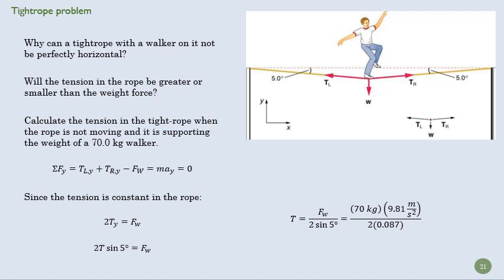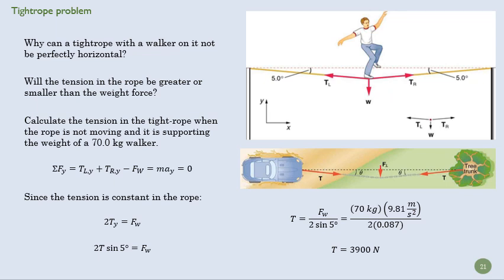And then I can do some math here. 70 kilograms, and this is the sine of 5, which is very small. And that means that my overall force here is going to be quite large. Basically the force of about 400 kilograms. That's a lot of force in that tension.